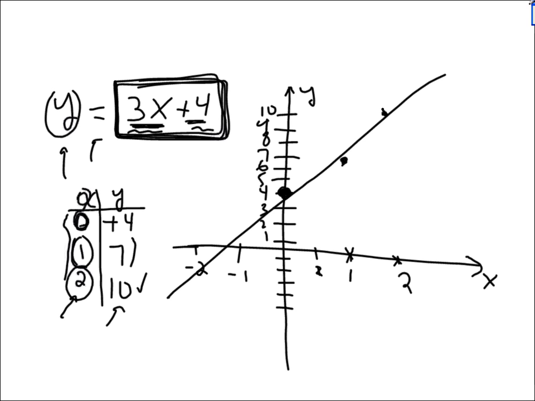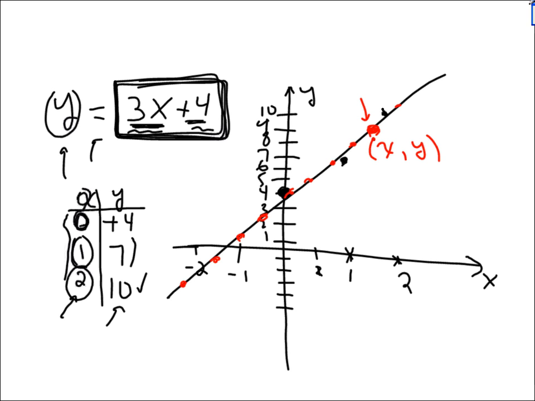Every one of the points on this line, they all have one thing in common. Just like every point, it has an x and a y value. Let's concentrate on that point right there.